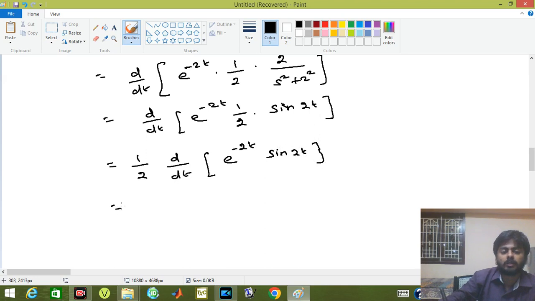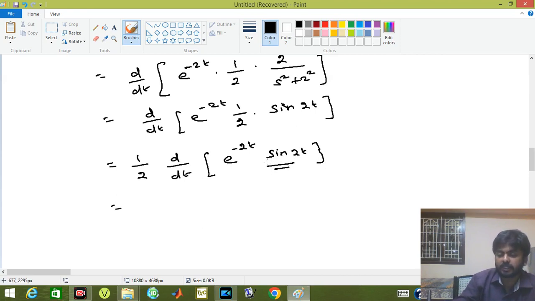Here your u is sine 2t, v is e power minus 2t, but it will not create a problem even if you take the opposite way. That is, if you take u as e power minus 2t and v as sine 2t also, it will give the result because it is differentiation.